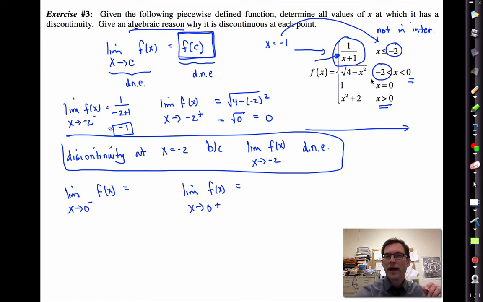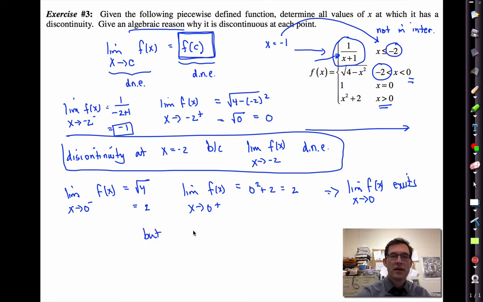Well, coming in from the left, we're on the formula square root of 4 minus x squared, so that will just be the square root of 4, and that will be 2. Coming in from the right, we're on this formula, which is 2. Oh, well, that's good. I mean, the limit exists, so the limit of f of x as x goes to 0 exists.